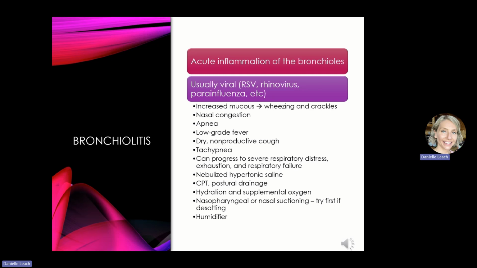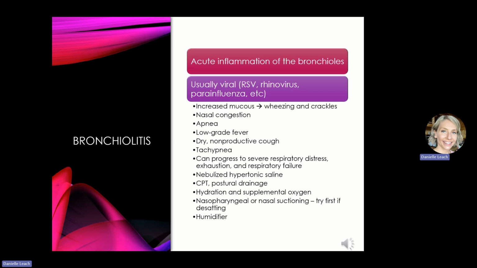If they are admitted, they're probably going to be on IV fluids for hydration. They are probably going to be on supplemental oxygen. If they do progress to severe respiratory distress or respiratory failure, these children can progress all the way to intubation.